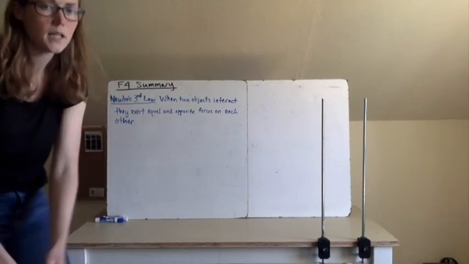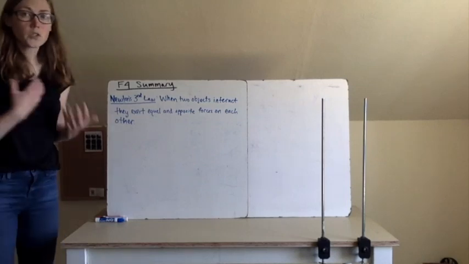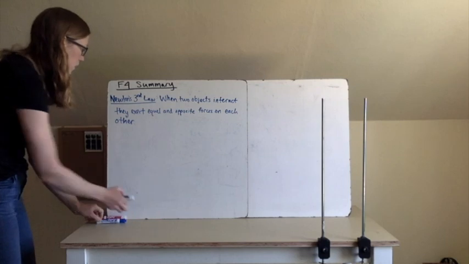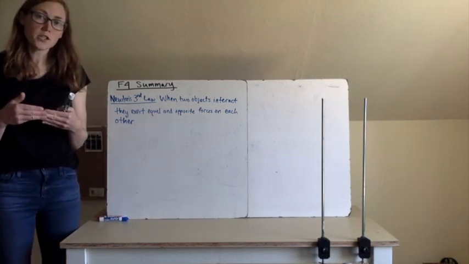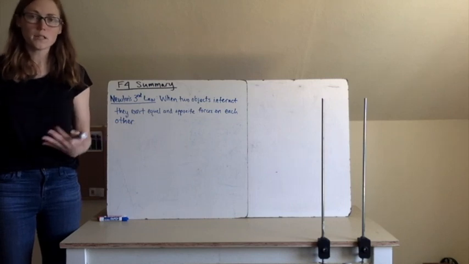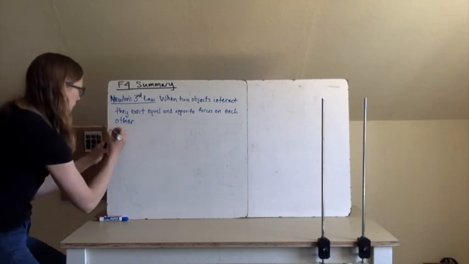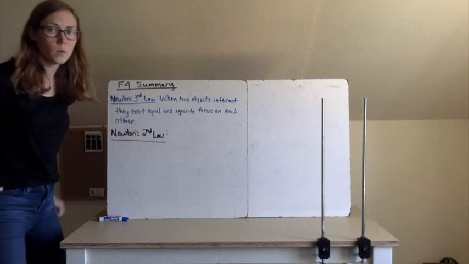Now, this is getting at the connection between Newton's third law and Newton's second law, really, which is that although they exert the same force on each other, their resulting motion is different because they have different masses. So remember that Newton's second law is really best stated in the form of an equation.